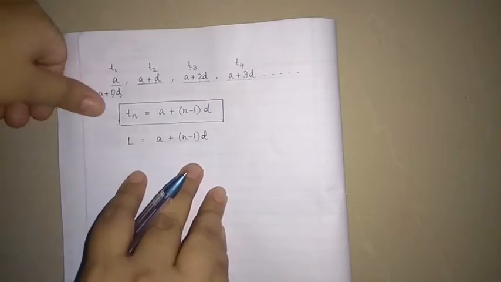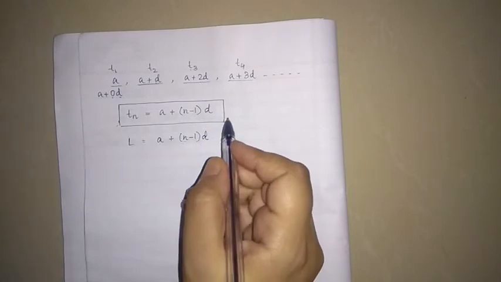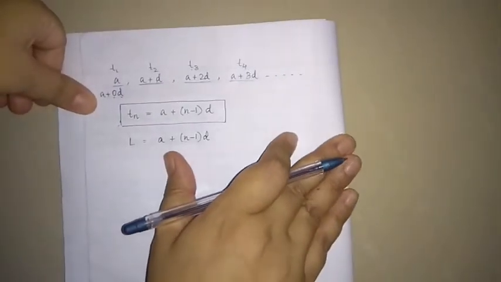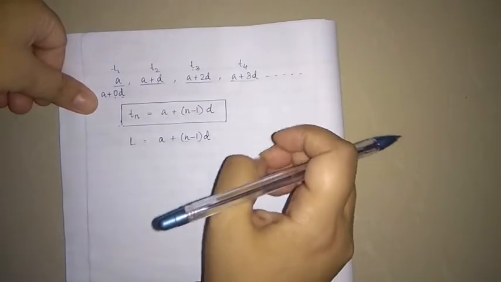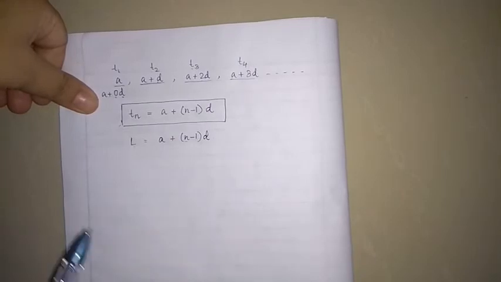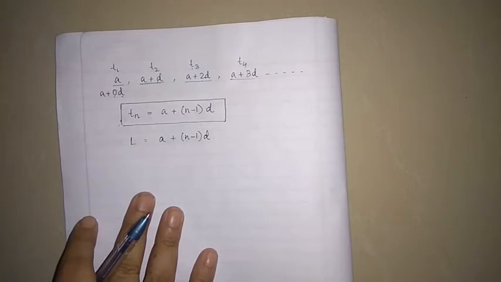So till now what we have learned is that we can calculate a particular term of a given series. Now let us discuss how we can calculate the sum of a given series.